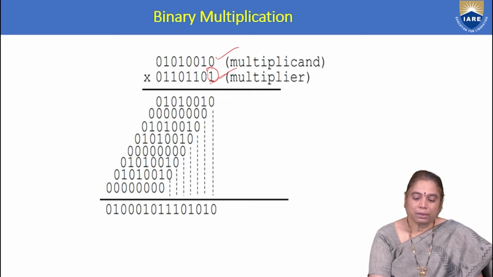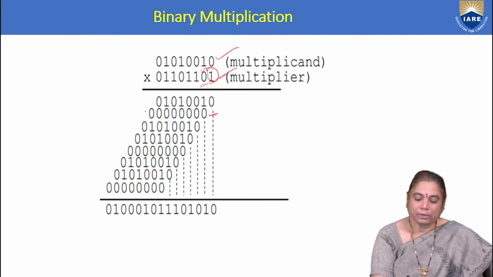After copying this, we can move to the next bit. The next bit is 0. So for 0, as many zeros as the number of bits in the multiplicand can be copied in the partial product by leaving one bit space. So this is the second partial product. Next, consider the next bit 1.